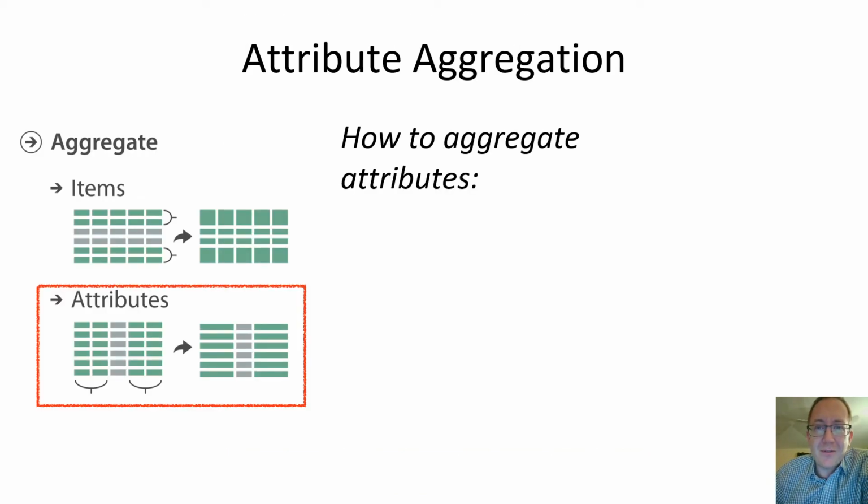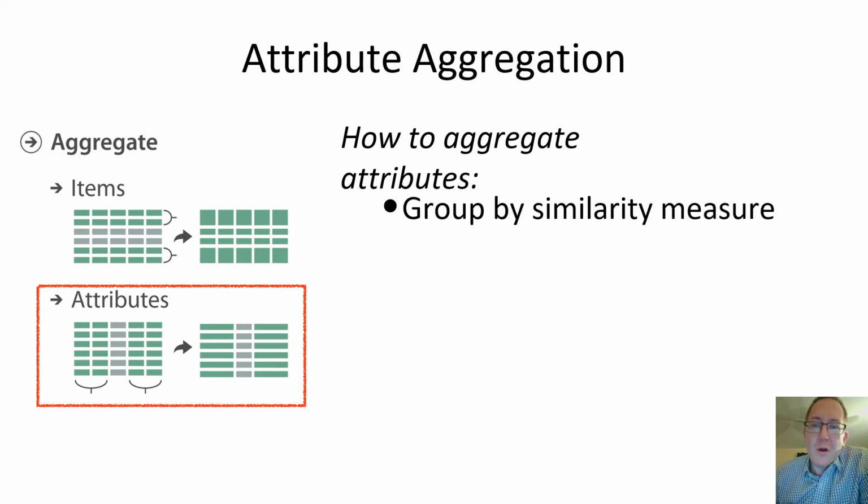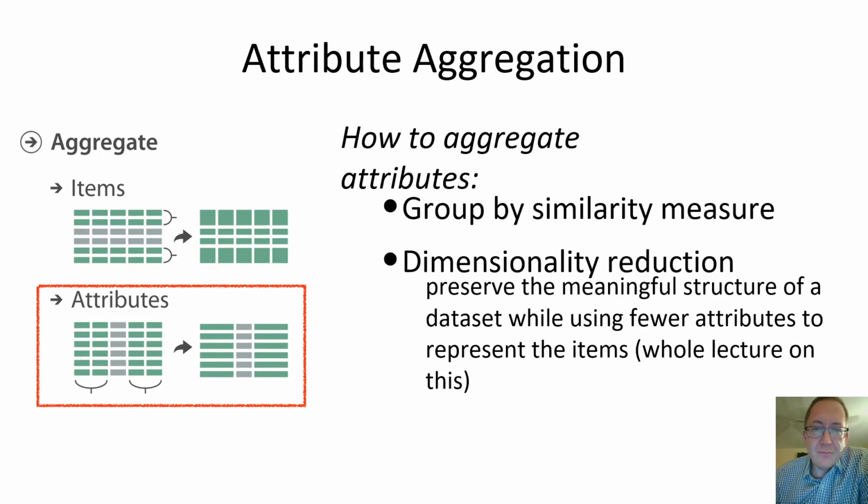So in terms of attribute aggregation, we can group by similar measures, and we can also do dimensionality reduction, which we've already looked at a little bit, right? We want to preserve the meaning of the structure while getting rid of a lot of those other dimensions. So when we did multidimensional scaling, when we did principal component analysis, where we choose a particular dimension, even if it's made up of multiple dimensions, and say that that's the dimension we're using, we can actually work around not having a certain number of attributes.